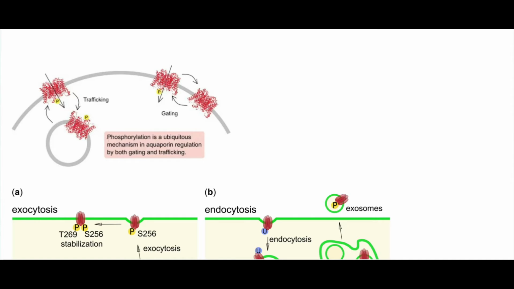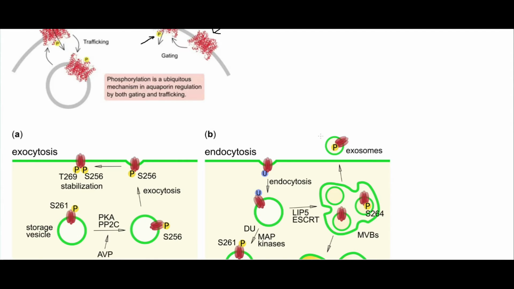And so here it says phosphorylation is a ubiquitous mechanism in aquaporin regulation by both gating, which is what I've been talking about, and trafficking. So we see gating here, we phosphorylate something and it could close this from allowing water to get through. Then you could dephosphorylate it with a phosphatase enzyme and open it back up and allow water to go through.